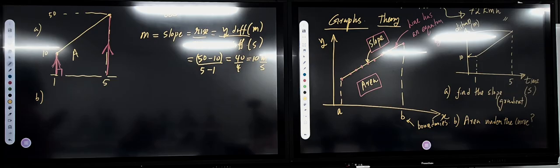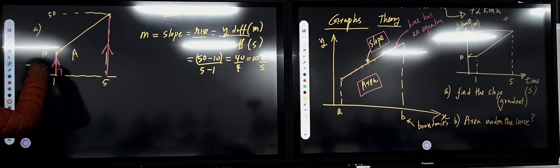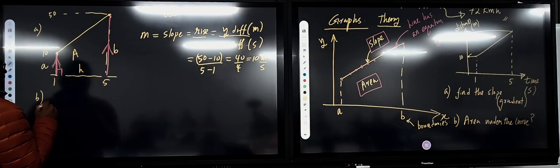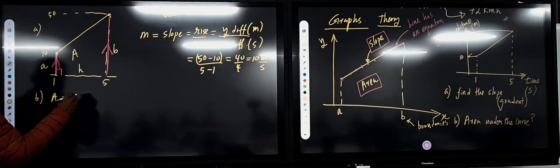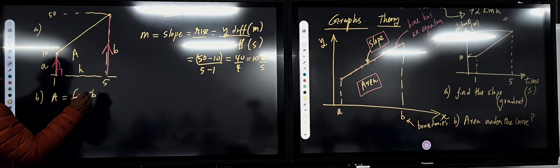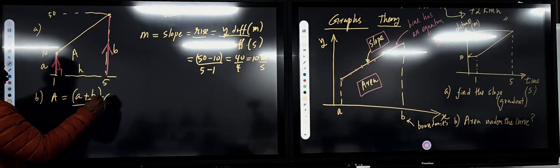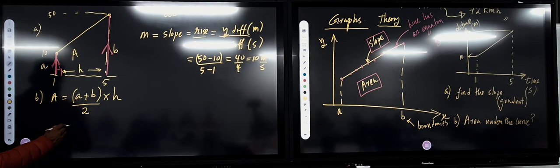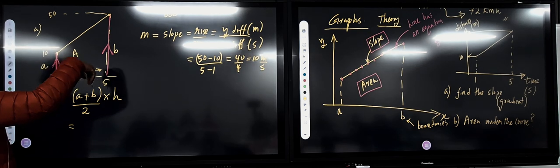I'm going to ask questions from everybody, right? We are in the game. Trapezium. Exactly. So this is A, this is B, this is H. H means the perpendicular distance, right? So area is going to be A plus B divided by 2 multiplied by this H. A is going to be 10, B is going to be 50.